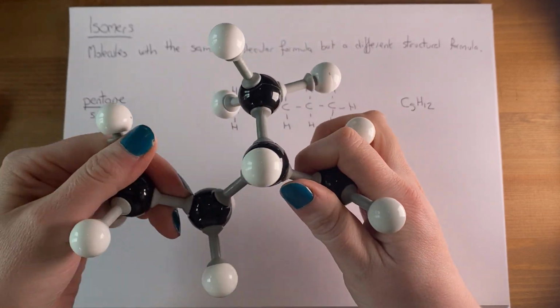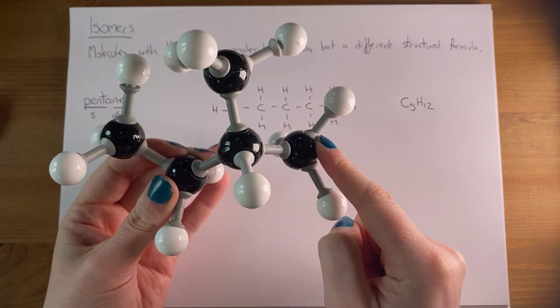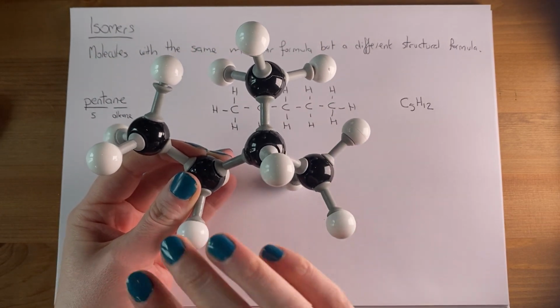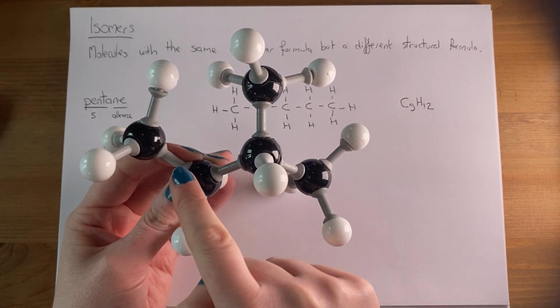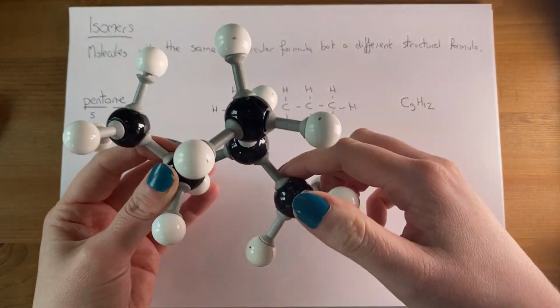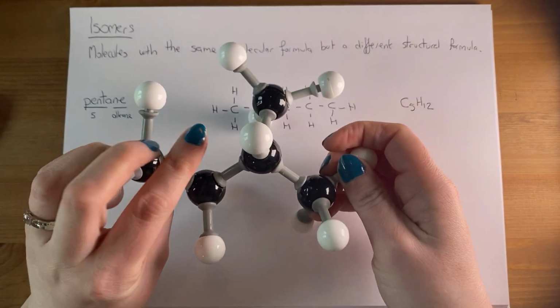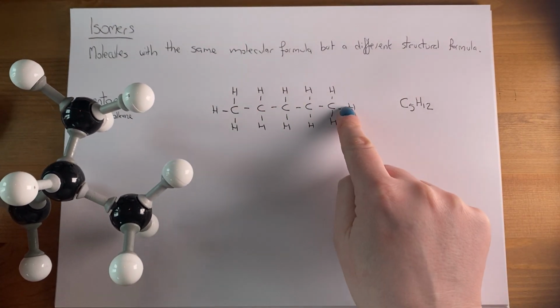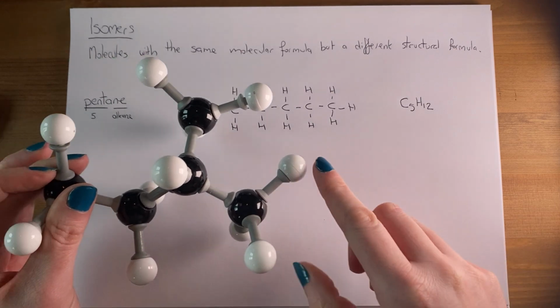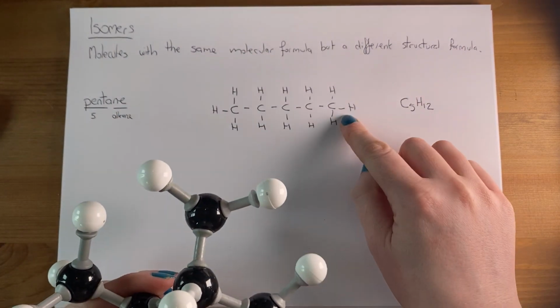Now I have 1, 2, 3, 4 carbons in my longest chain here, and we'll talk about naming these in a wee second. But we have 4 carbons in this longest chain, and no amount of twisting, turning or flipping around the molecule is going to get me these 5 carbons in a row anymore. So this is an isomer of pentane.